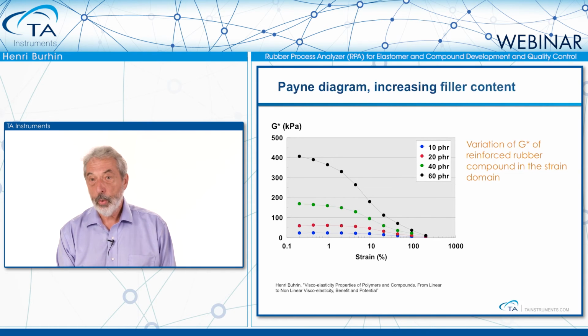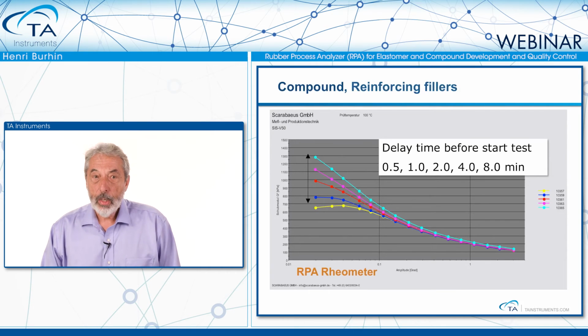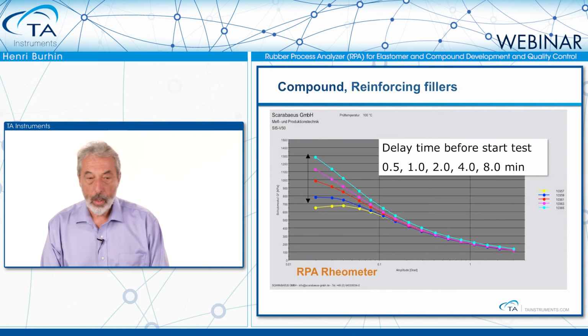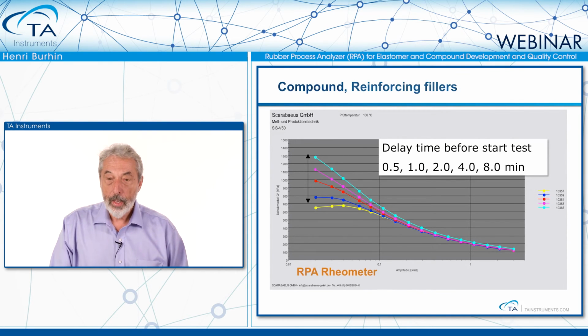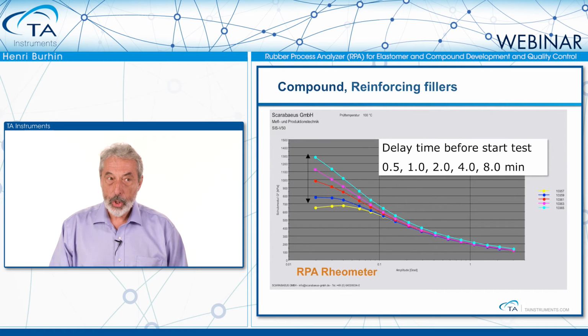So it is really important when you're testing a rubber compound to be able to go below 0.1%, where you reach the plateau of G prime 0. Because this interaction between carbon black or silica is a vicinity type bond, they are broken down on shear, but they can reform on standing.